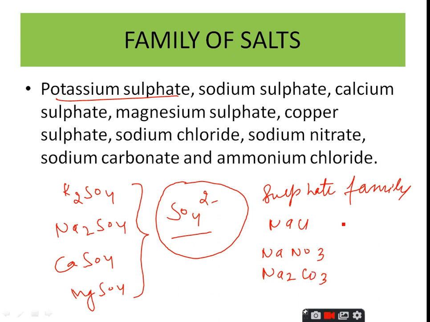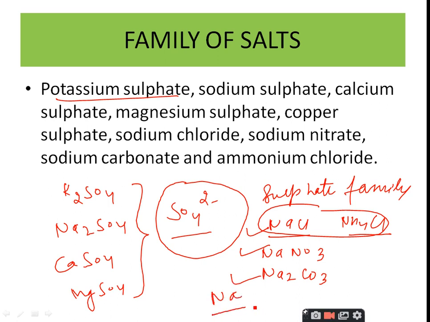If we compare sodium chloride and ammonium chloride, chloride is common there, so these are examples of the chloride family of salt. And if we compare sodium chloride, sodium nitrate and sodium carbonate, in these three the common thing is sodium, so this is known as the sodium family of salt. In this manner we can determine the family of a salt.